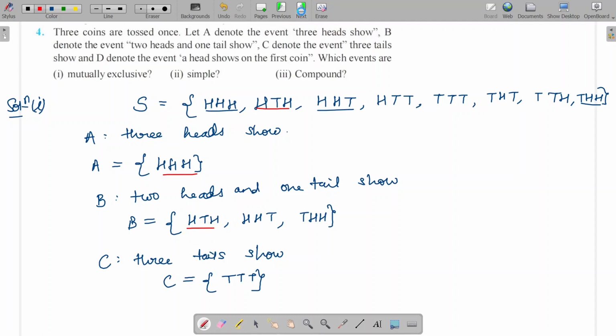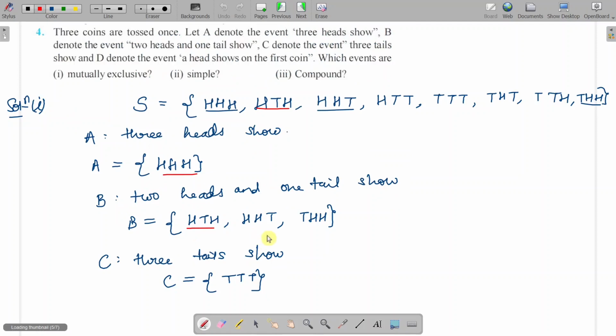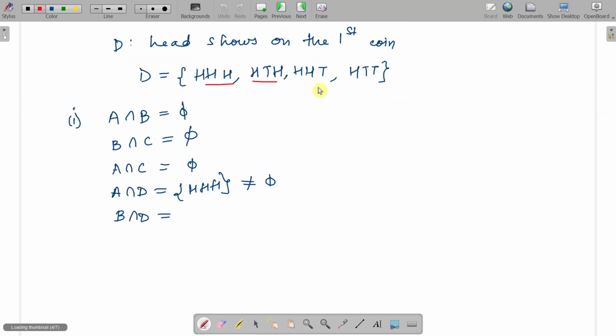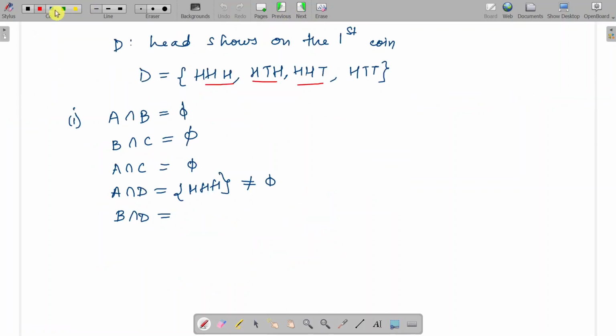HTH is there in B and D, right? Then HHT is there, okay, and that much only is there. So B intersection D is HTH, HHT, right? So which is again not equal to empty set.